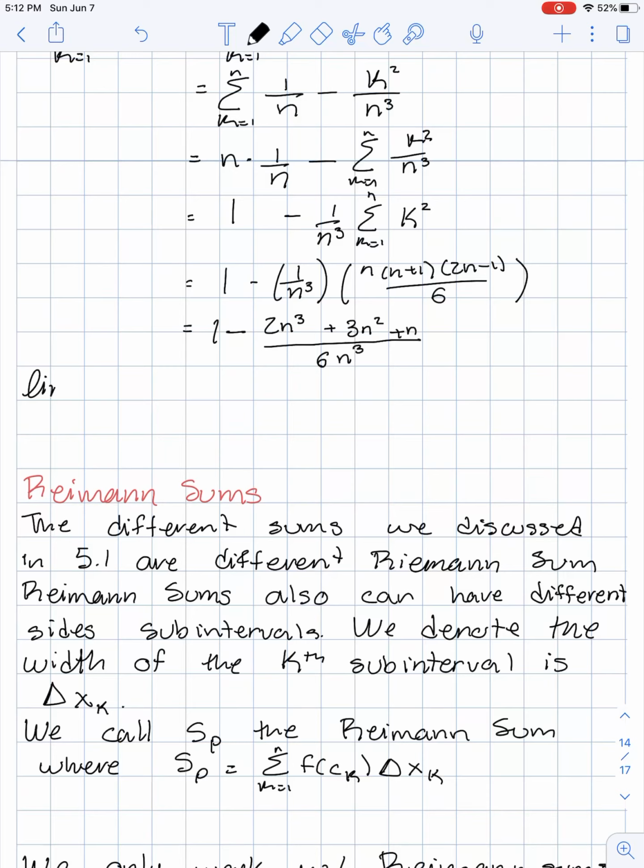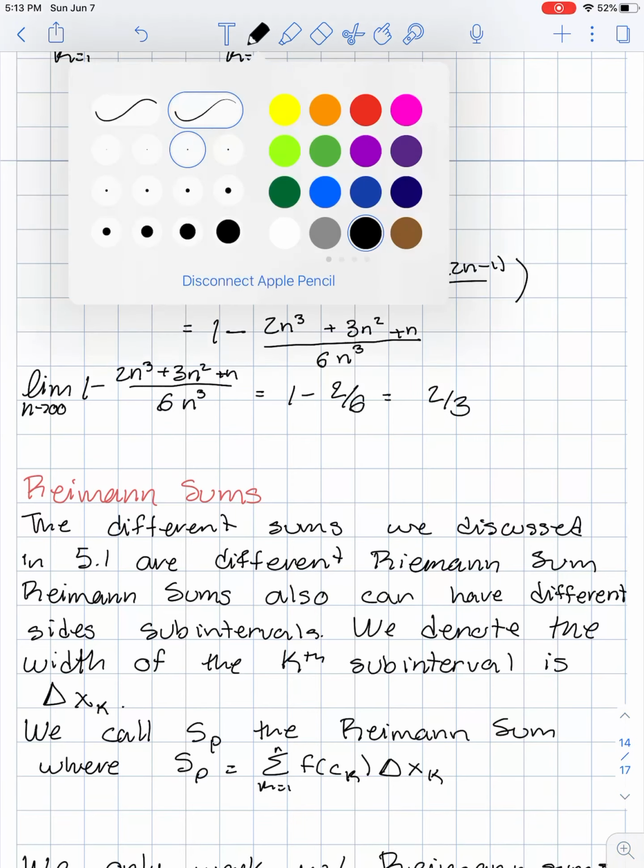So now we're going to take the limit of this, and using some handy-dandy limit rules that we learned from past chapters, I'll get that this is 1 minus 2/6, which is the same as 1/3. So 1 minus 1/3 will give me 2/3.